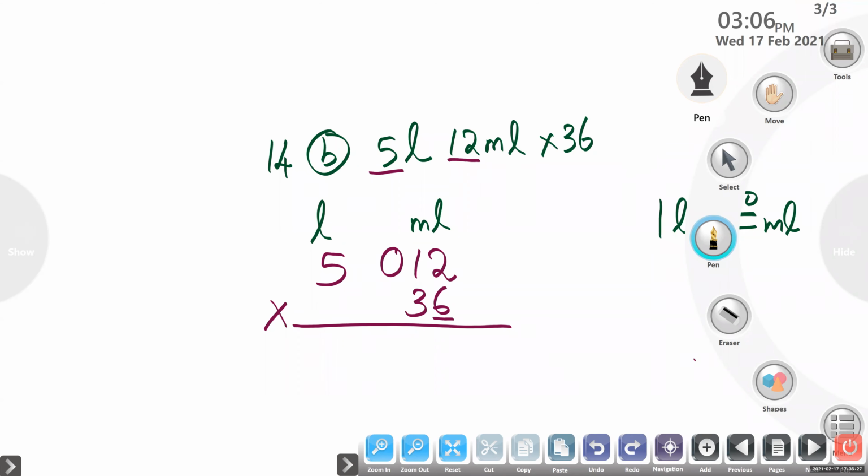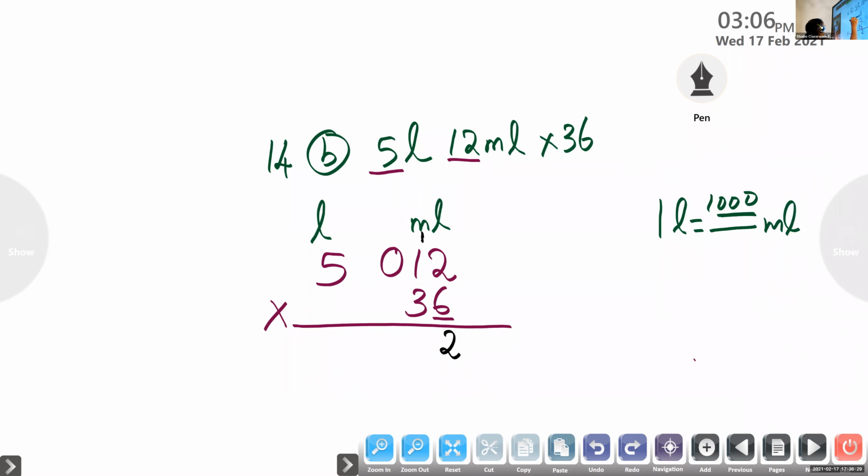So we will write here 2, 1 carryover. 6 into 1 is 6 plus 1, 7. Okay. 6 into 0.